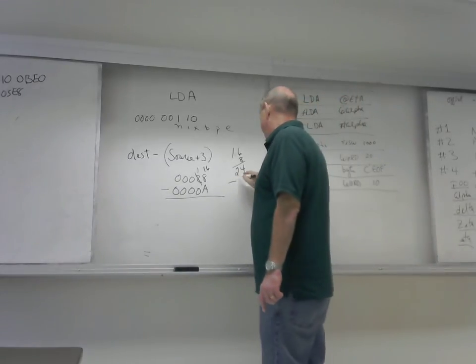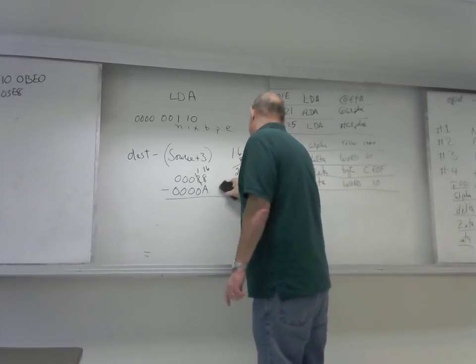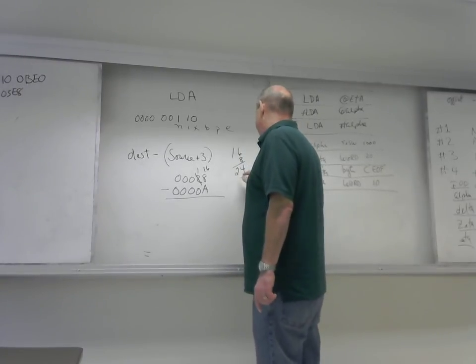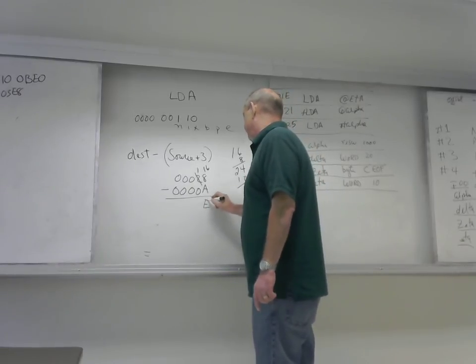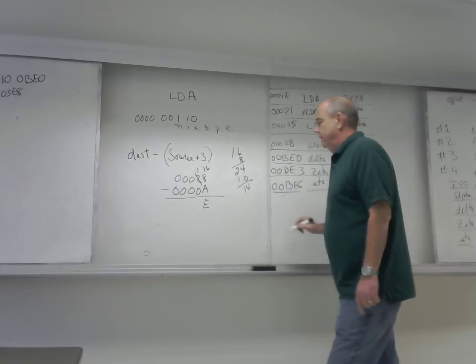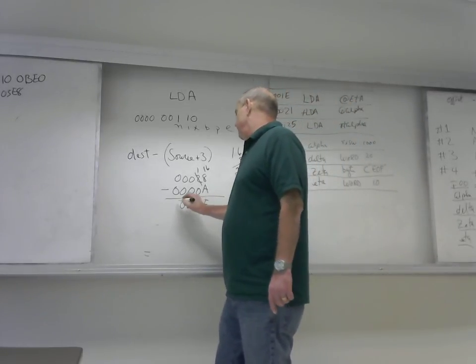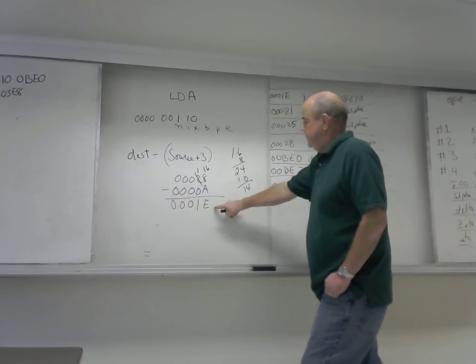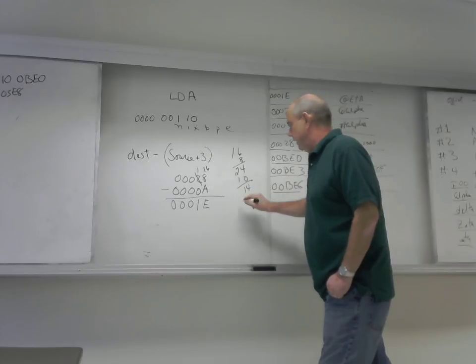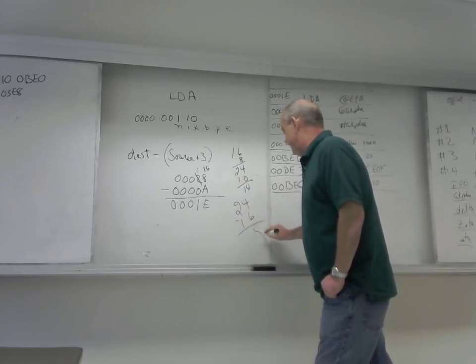Minus 10 is what? Minus 10 is 14. Okay. 1, 0, 0. You can always check your work. 14 and 10 is 24. 24 minus 16 is 8.